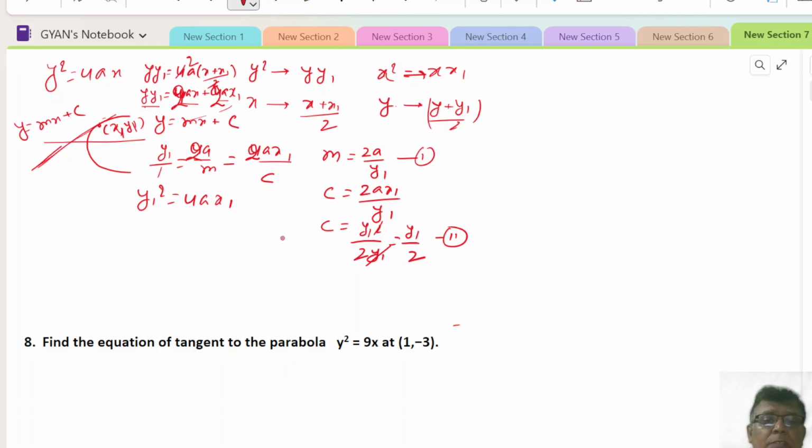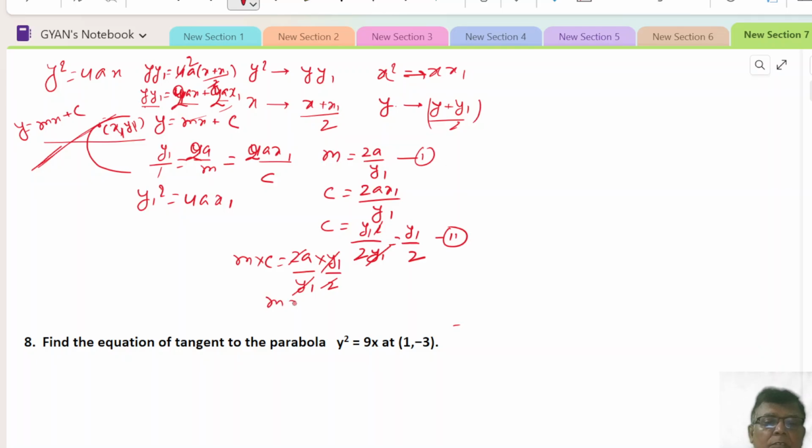Then you multiply this by this. So m into c is equal to 2a y1 by 2, 2a y1 by 1 by 2. This can cancel, this can cancel.